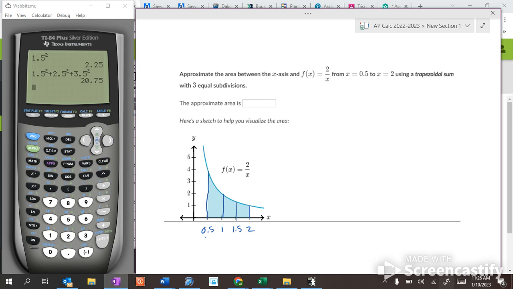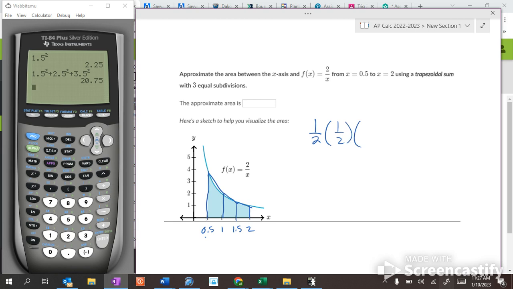So if I draw my trapezoids in here, we go 1/2 times the distance in between the bases, which is 1/2 times the length of this base.